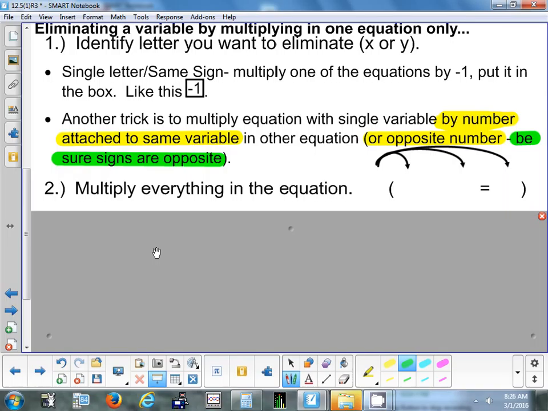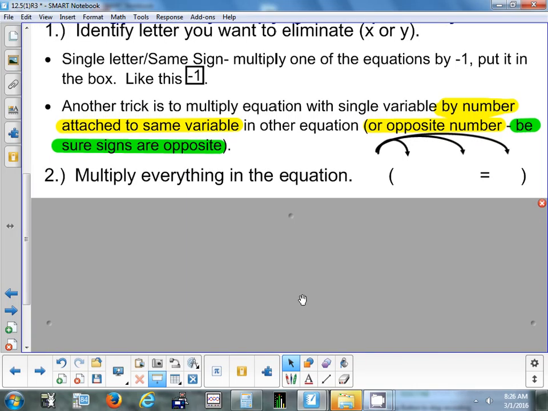You've got to multiply everything, all three terms: the x, the y, and the number after the equal sign. You're going to multiply everything by whatever number is going to get a variable to be eliminated. That's why Mr. Hager and I put a little picture up here for you. Here's your number. Here's multiplying it to the x. Here's multiplying it to the y. Here's multiplying it by just the number at the end.